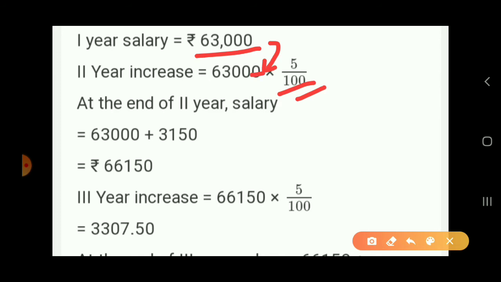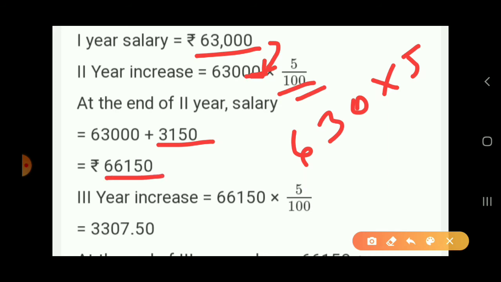At the end of the second year, 630 into 5, you get 3,150. Adding this, you get 66,150.